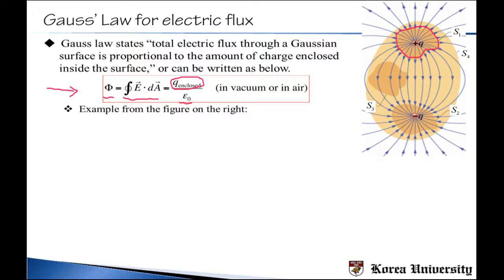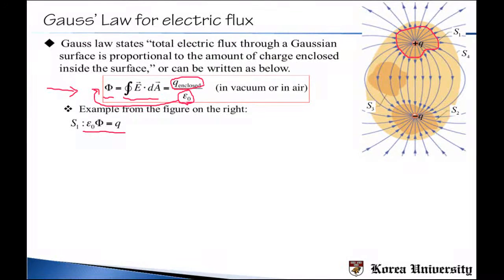So therefore, according to Gauss' law, the total integration of the electric field is proportional to what? The amount of charge inside, which is plus Q. So we can write Gauss' law this way. And here, we have written it a little bit differently, taking this epsilon naught to the left-hand side.